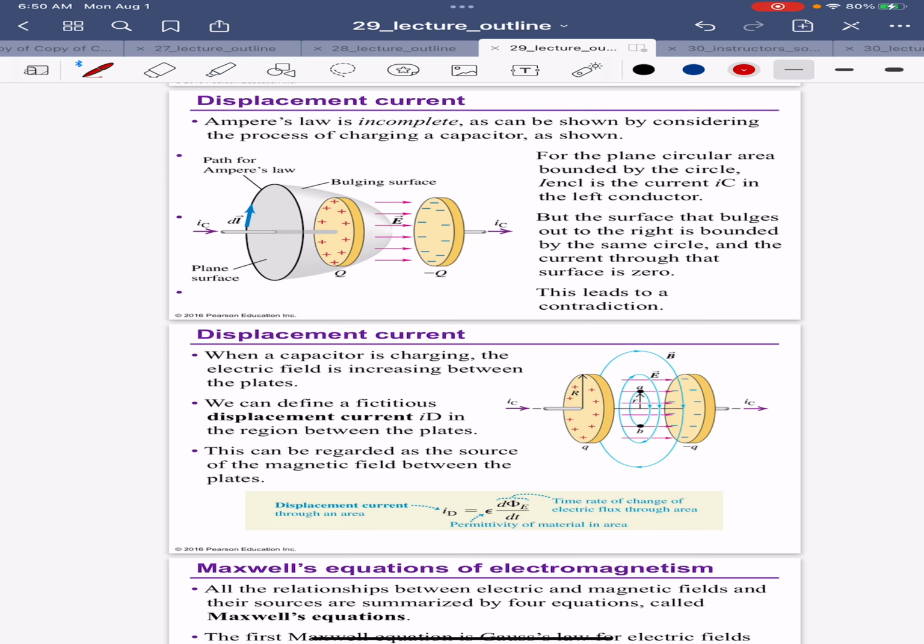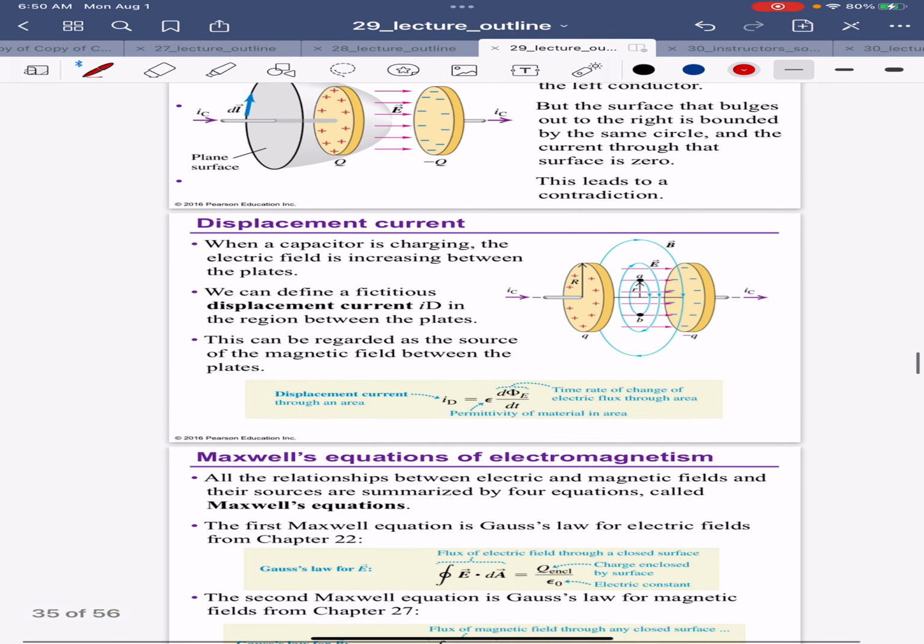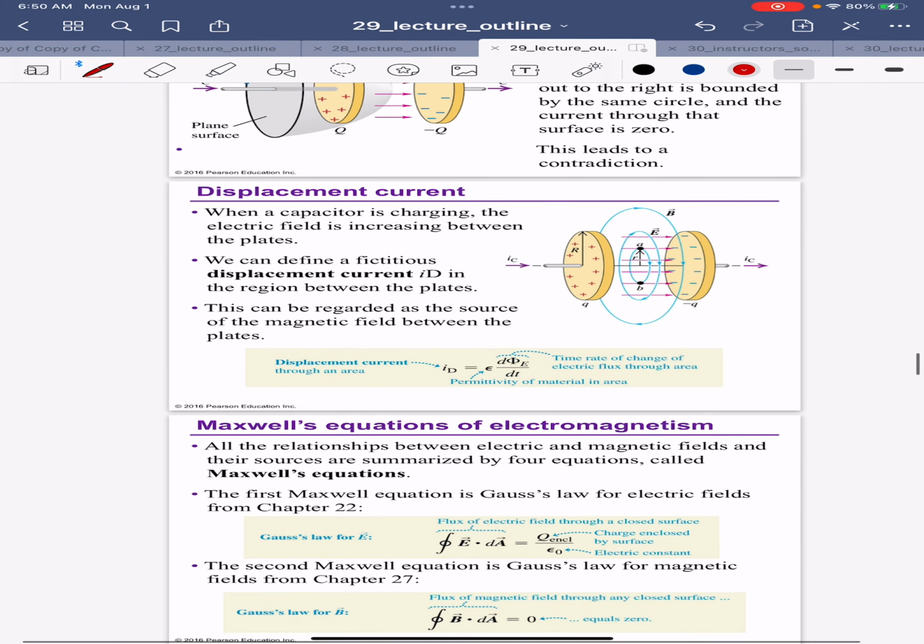We can define another current called displacement current, ID, in the region between the plates, and this is really the one that is regarded to be the source of the magnetic field between the plates. That displacement current can be calculated as epsilon times d phi electric divided by dt. The time rate of change of electric flux through the area has to do with the displacement currents.